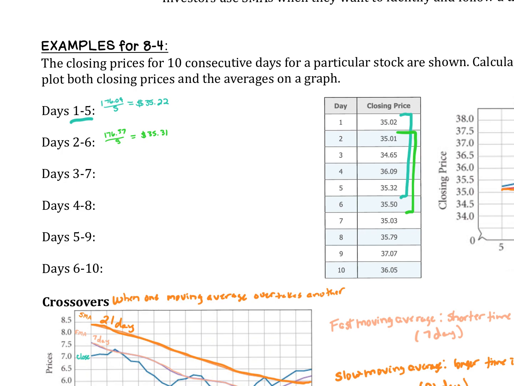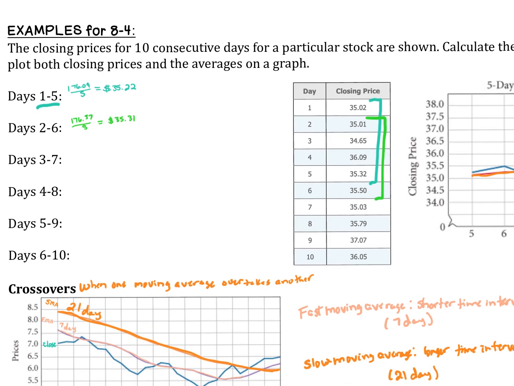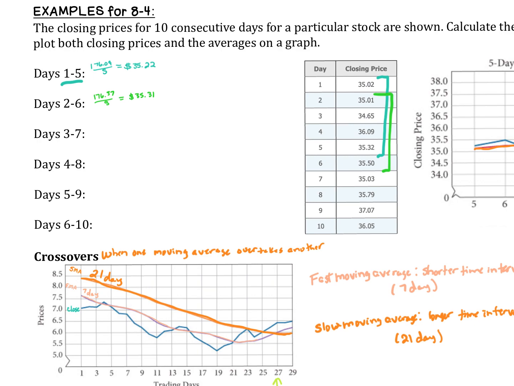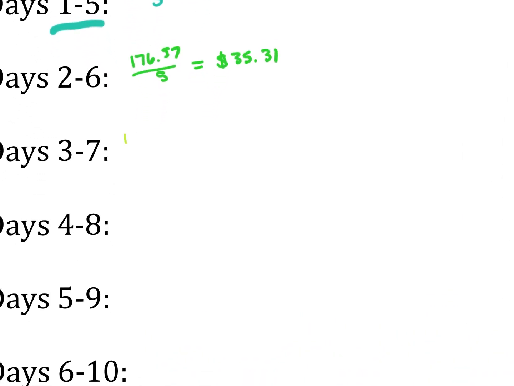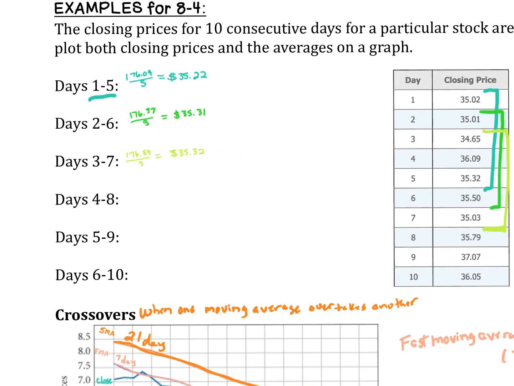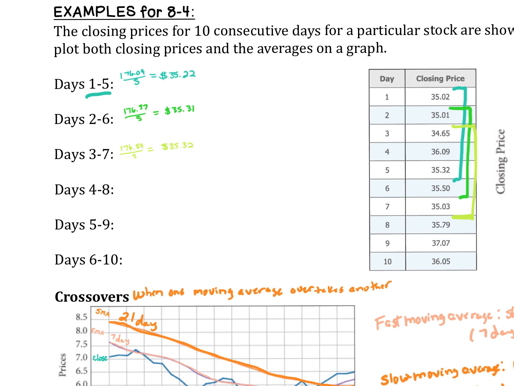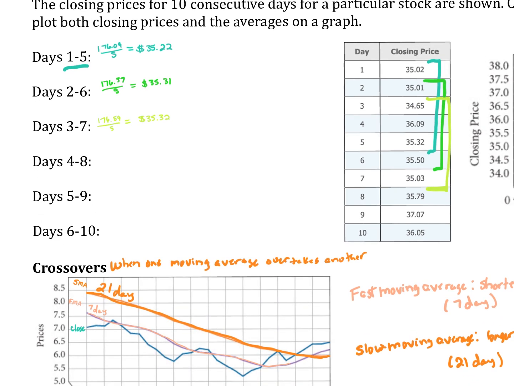All right, so for the next one, the next 5-day SMA is going to be days 3 through 7. So that's adding those together. And that gives us 176.59 all over 5, and it's 35.32. And so then I'm going to change sides here.